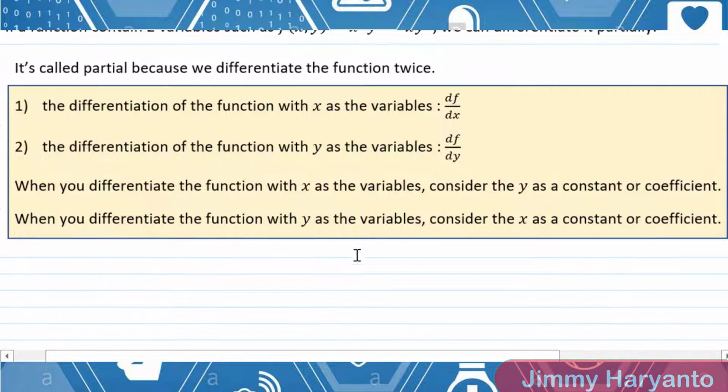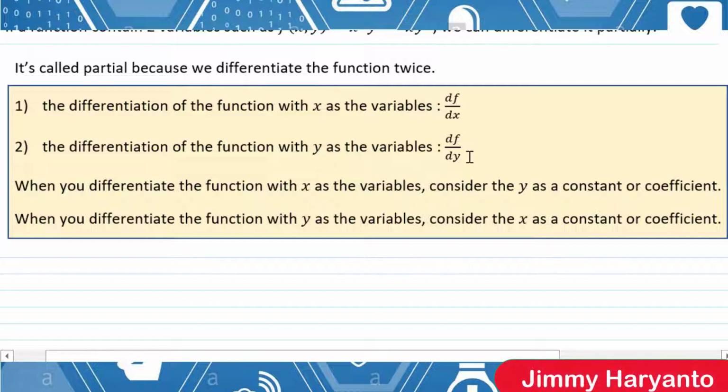So in this function we can differentiate it partially. It's called partial because we differentiate the function twice. First, we have to differentiate the function with respect to x, yeah, as the variable. That means df over dx, right? For this one, we cannot say it's y accent anymore, guys, because we have to do it twice. And the second one, we can differentiate the function with respect to y.